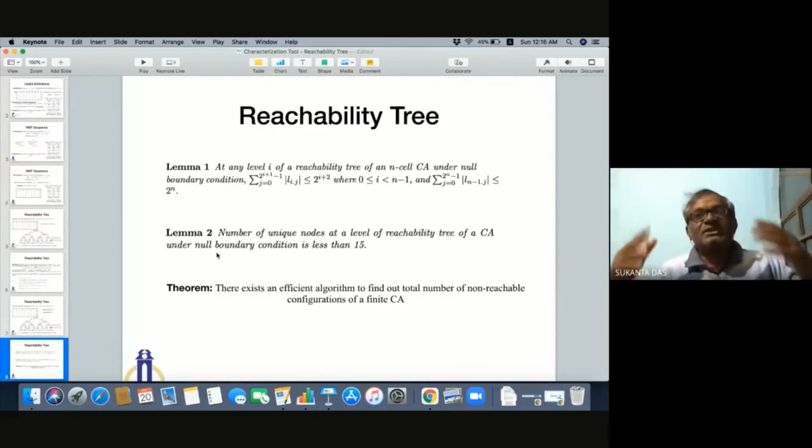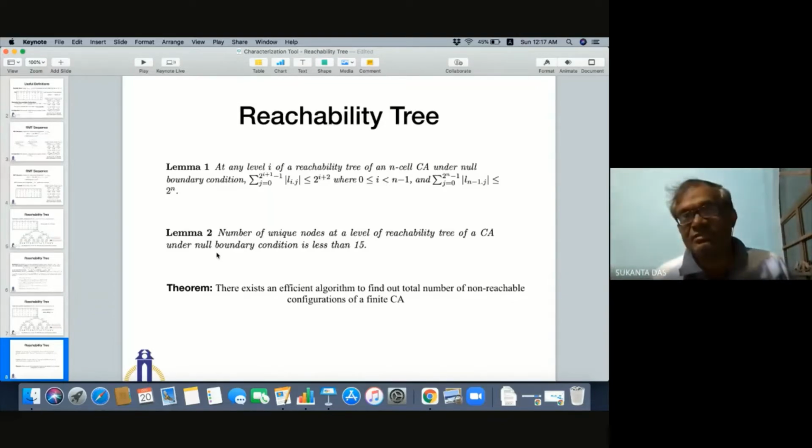Now, if I develop an algorithm which one by one produces the nodes of a level, and I note how many configurations I am getting as non-reachable, it is possible. So I am not giving you the exact algorithm.